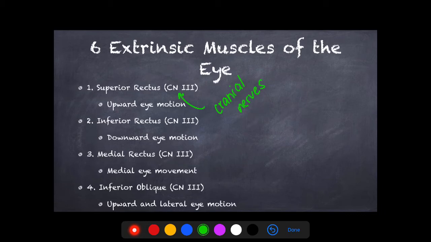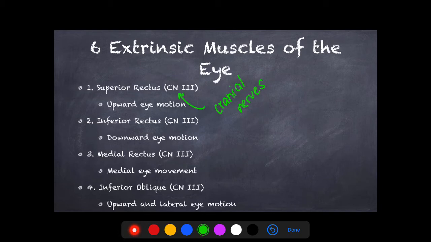Remember, superior is always up, inferior is always down, so you can relate that to how the eye is going to move. Superior rectus helps the eye move upward, inferior rectus helps the eye move downward. Medial rectus, remember, moves the eye towards the middle, or medial movement.